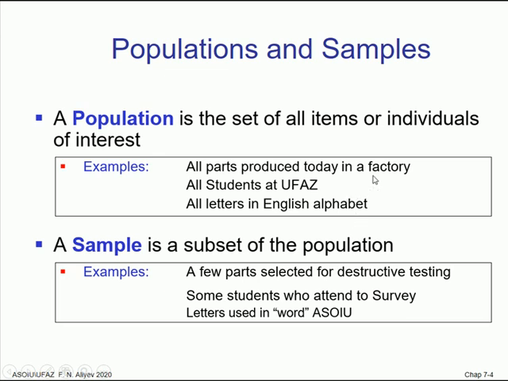For some person, for example, all students at UFAS can be the population, but the sample can be students at L0, for example, or students at L2, or for example, chemical engineering students just. Here it's written some students who attend the survey. This is also possible. Okay, sample and population can be changed depending on the situation.